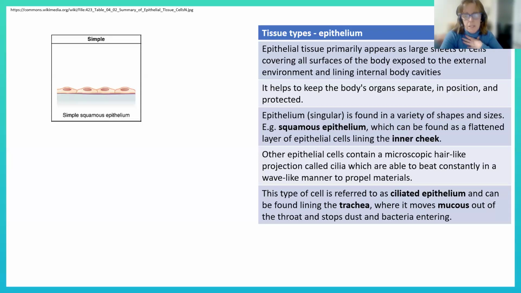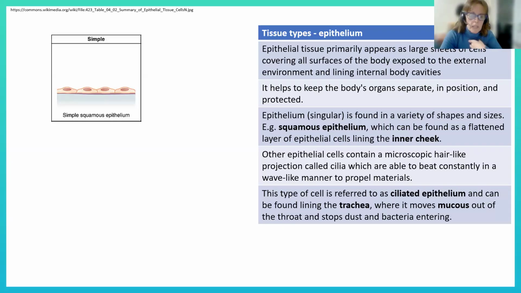Now this is a bit disgusting, so apologies if you've just eaten dinner, but you may have noticed that you get mucus in your upper respiratory tract, and that then gets moved to the back of your throat and you swallow it. And that's because the ciliated epithelium moves this mucus away so it doesn't go into your lungs.